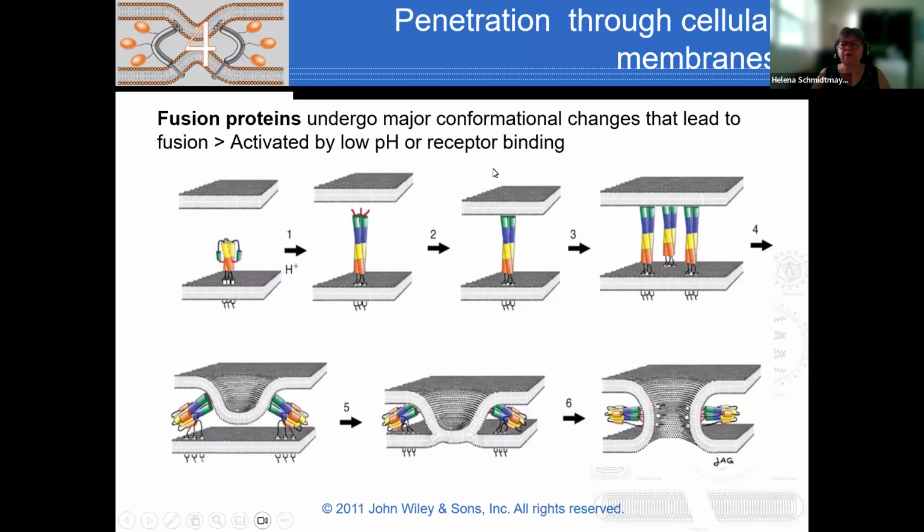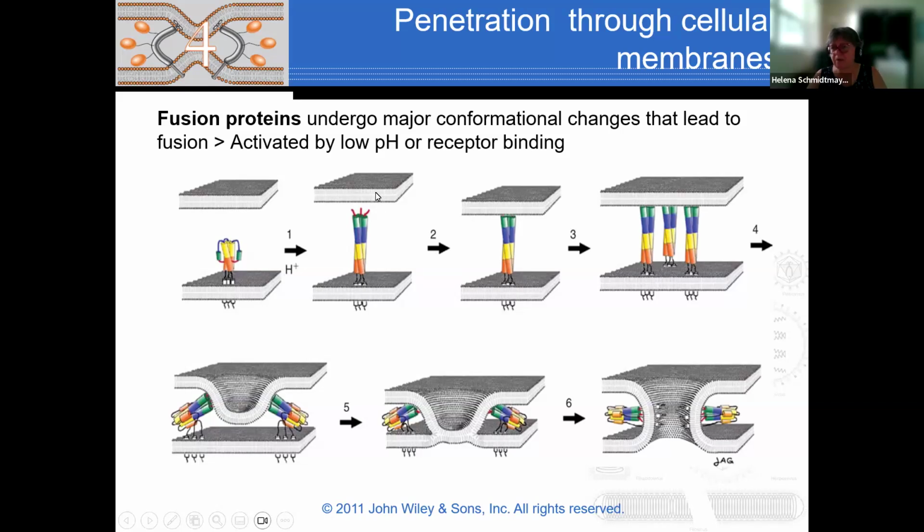So how do these fusion proteins work? This is an example of influenza virus, which enters by endocytosis. Once the pH drops in the endosomes, this triggers conformational changes in the viral fusion proteins, which are normally hidden, and they change conformation and now insert into the endosomal membrane.